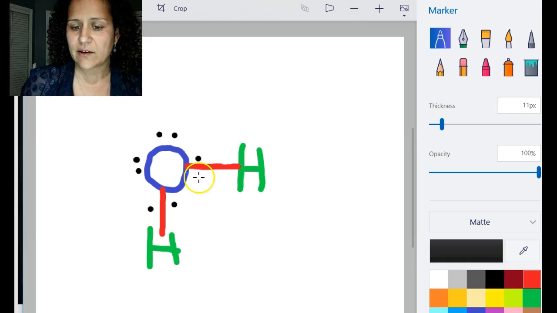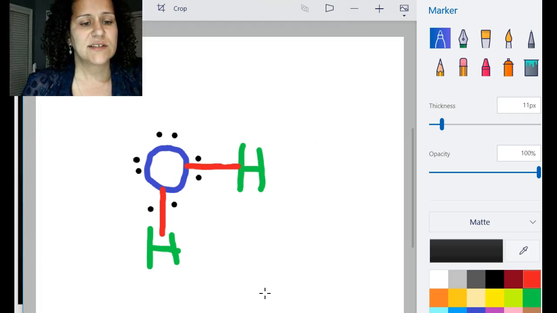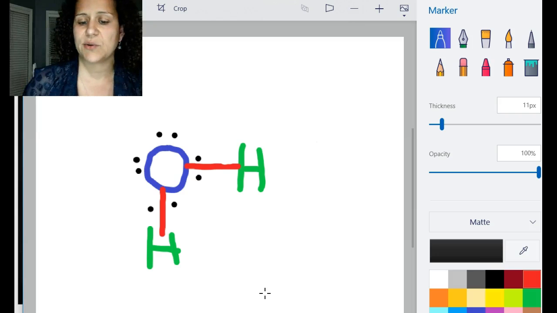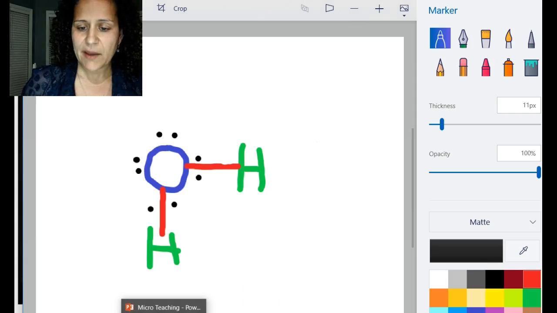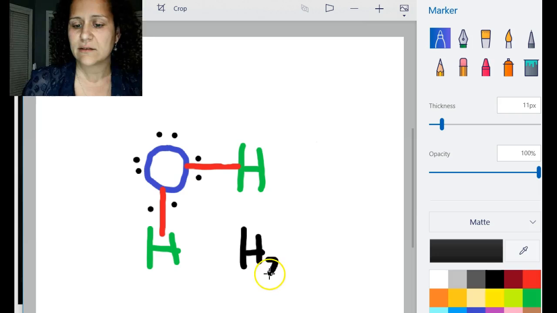I'll move that guy over a little bit so you'll see oxygen is happy. It has 8. Hydrogen is happy because it gave away, or it's sharing, its single electron, so it has a pair. So it is now as happy as it can be. Now, the molecule here in this case is water. It's dihydrogen oxide.